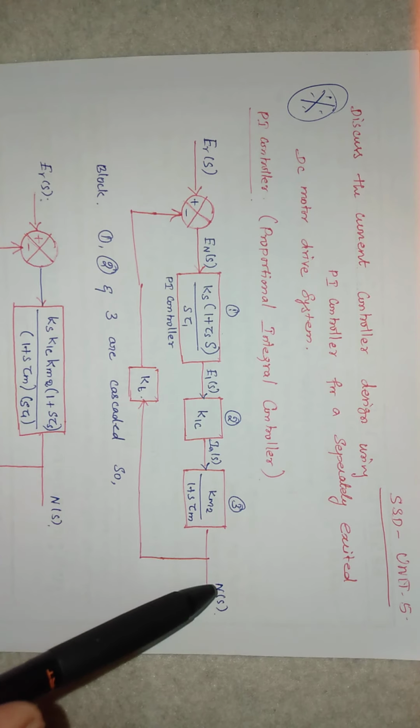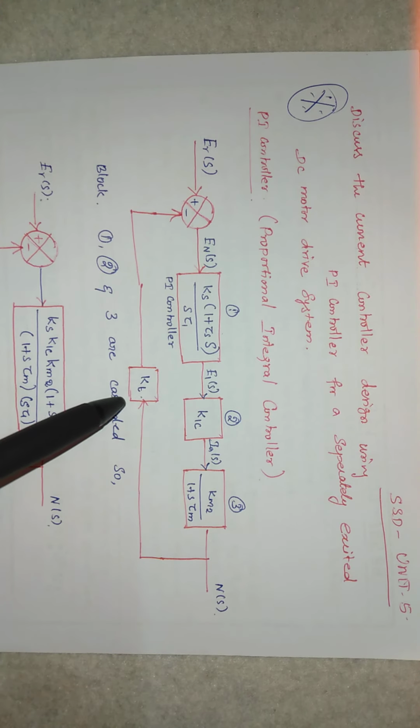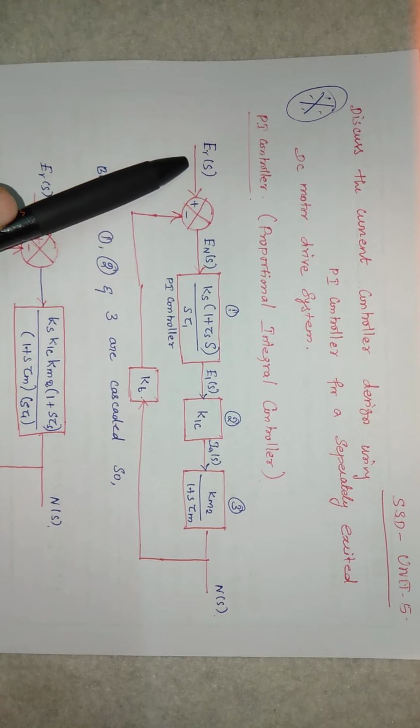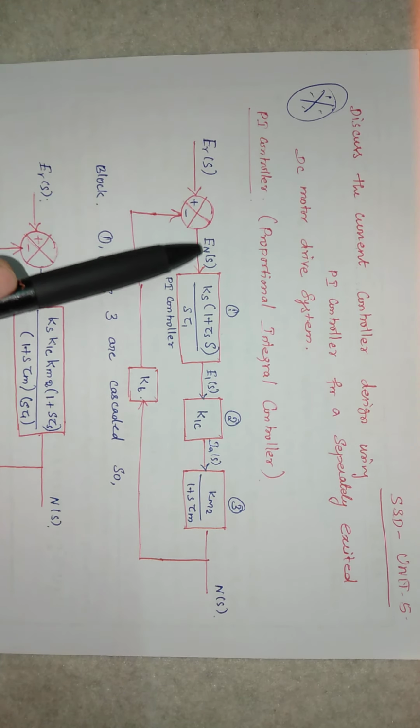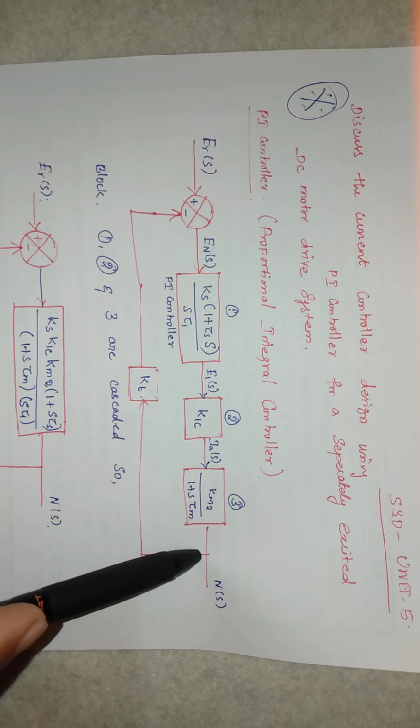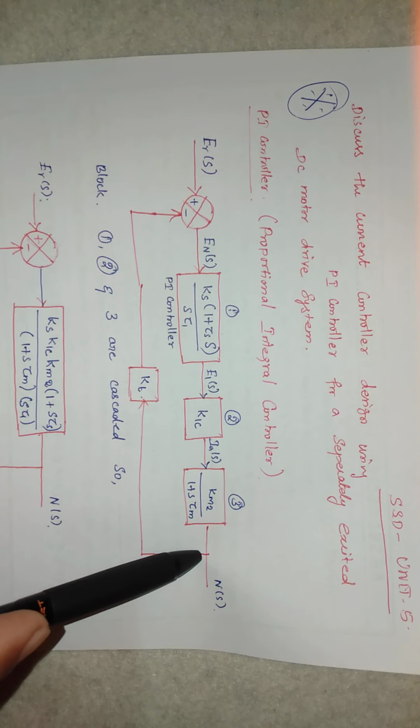If the actual speed is 1100 rpm and the required reference speed is 1400 rpm, that is plus 300, then the speed should be increased or accelerated.